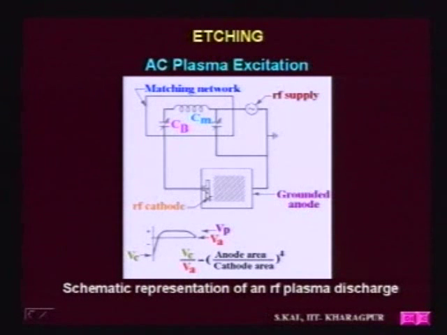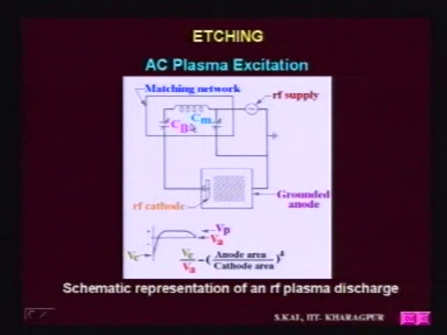Sometimes it will be negative, sometimes it is positive, because you are applying the AC signal there. Along with that, another arrangement is connected, which is known as a matching network. In the matching network, you can find one inductance and one capacitance CM. This capacitance and inductance together match, so that all the RF power feeds completely to the electrode. There is no reflection.